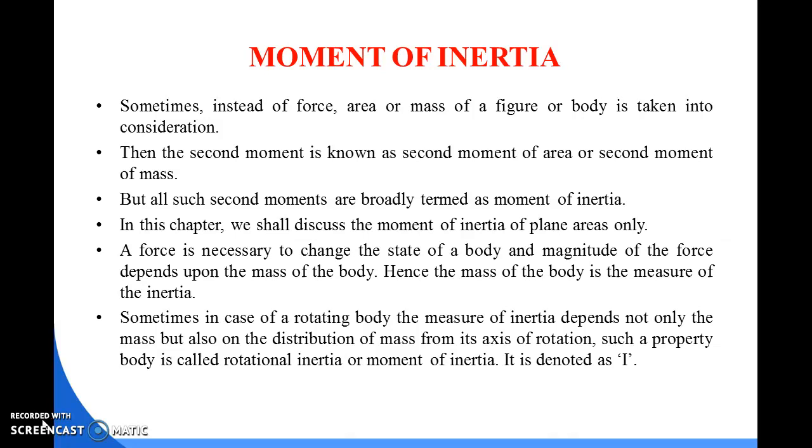Such a property of a body is known as rotational inertia or moment of inertia, which is denoted as capital I. It is also known as the second moment, which is called the second moment of area or second moment of mass.